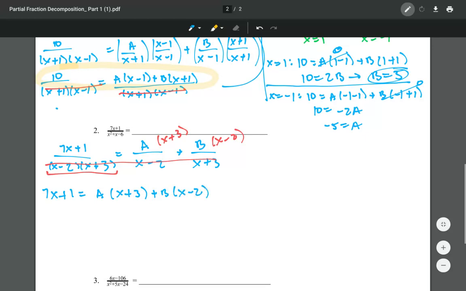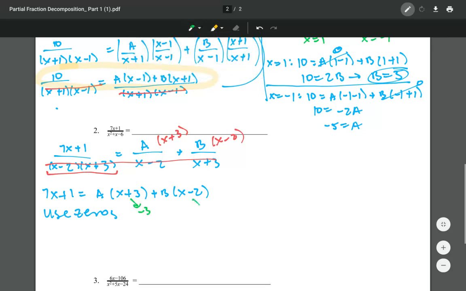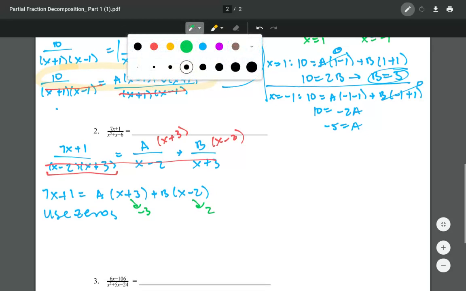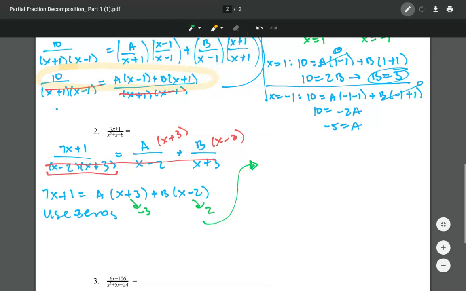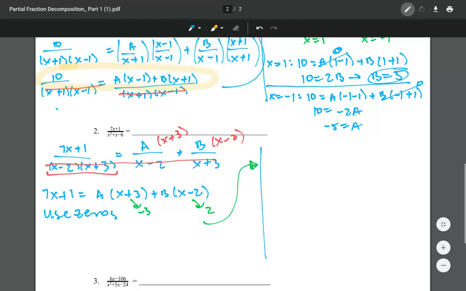Now I'm ready to go ahead and use zeros. My zeros for this one are -3 and 2. I'll do that over here in blue. As I'm using my zeros, I'm going to bring my equation over here, equals A(x + 3)(x - 2).